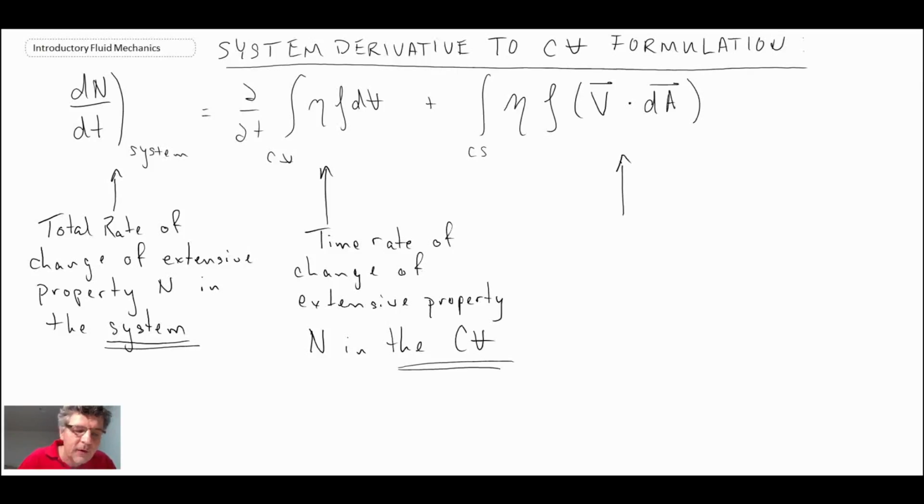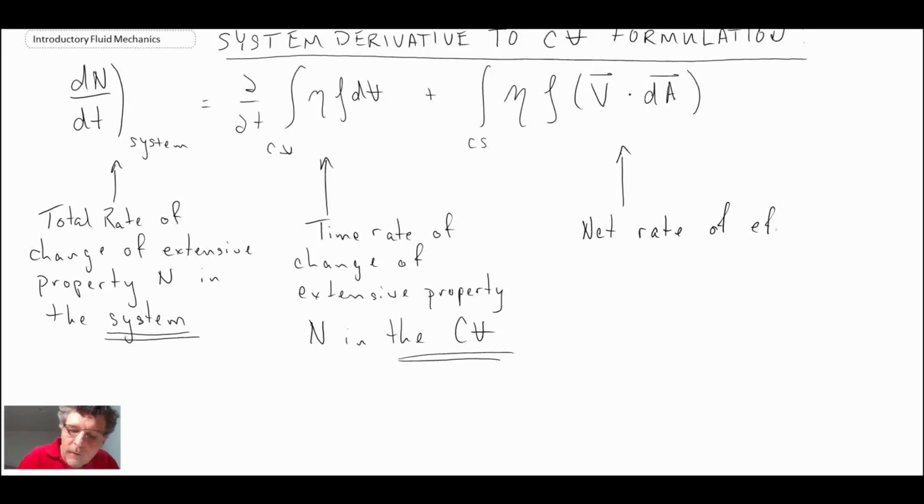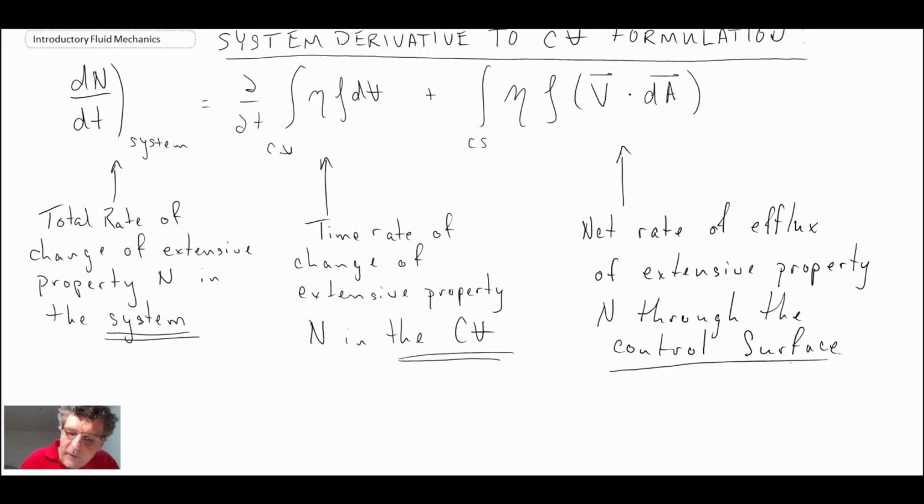And then the last term is the net rate of flux of that property into or out of the control volume, and this is with respect to the control surface.